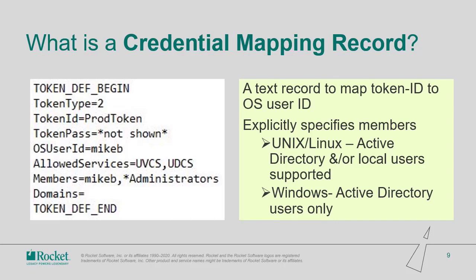If you specify a group name, then you need to add an asterisk as the first character before the group name. So Unix and Linux, we support Active Directory users and groups or local users. Windows, just due to architecture on Windows, it has to be Active Directory users only.